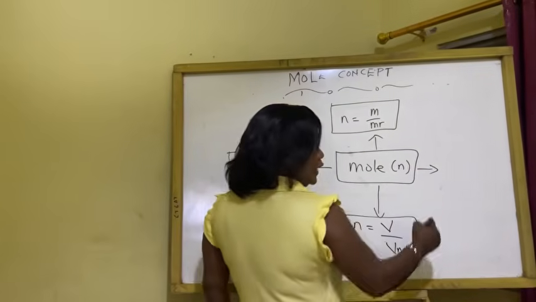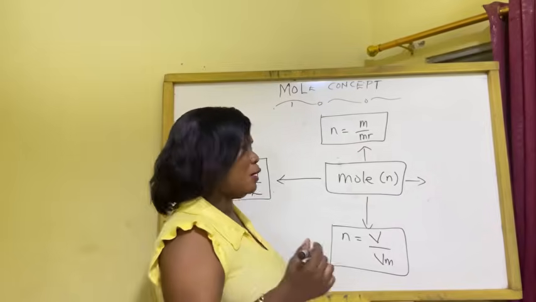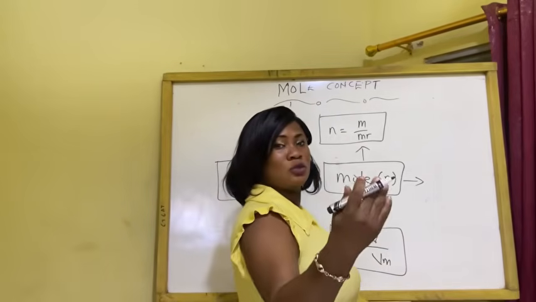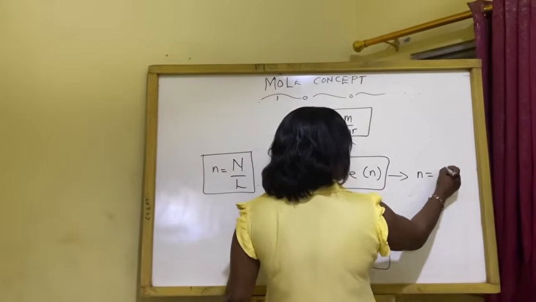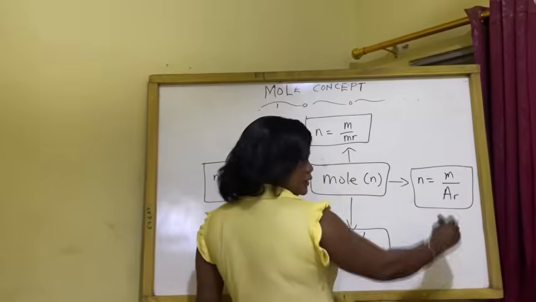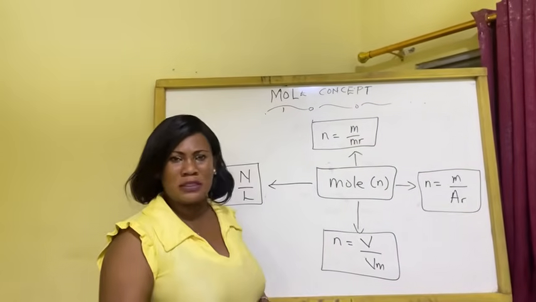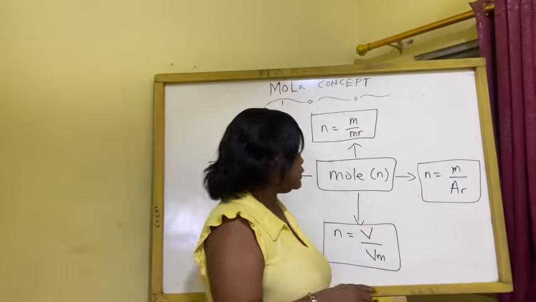Then last but not the least, the molar mass goes for substances. But when it's just an atom or an element, we can say that n is also equal to m over Ar. Ar is the relative atomic mass. So this one can be for just an atom or an element in question.